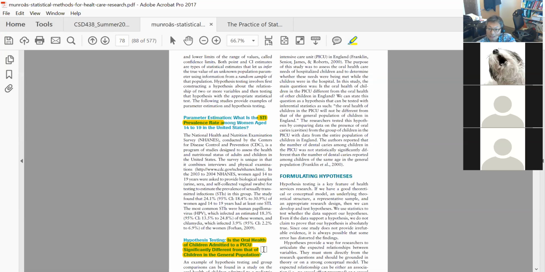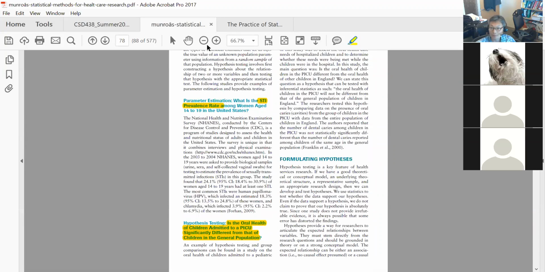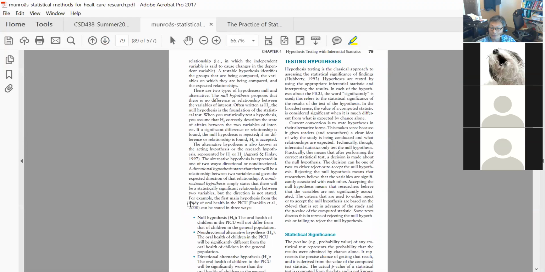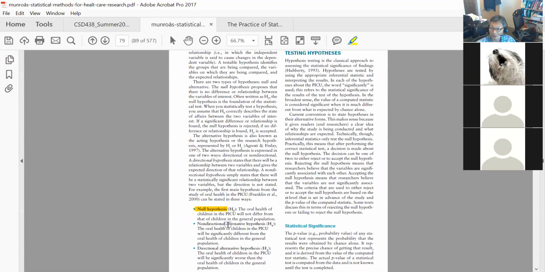For this type of comparison, we need to set up a hypothesis. We have two different types. One is the null hypothesis, and the other is the alternative hypothesis. The alternative hypothesis can be non-directional or directional, but don't worry about that yet.